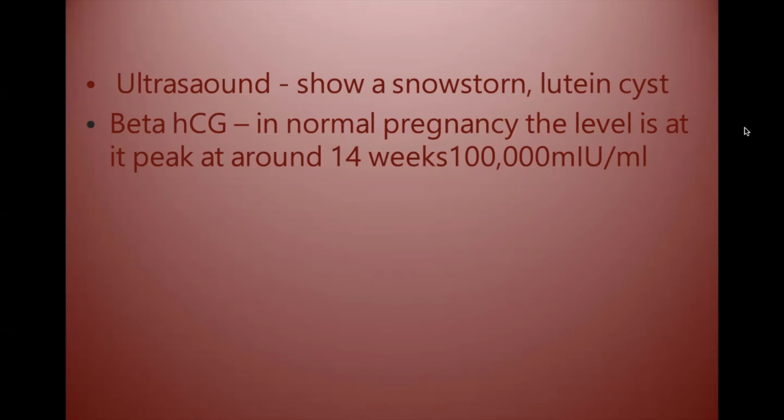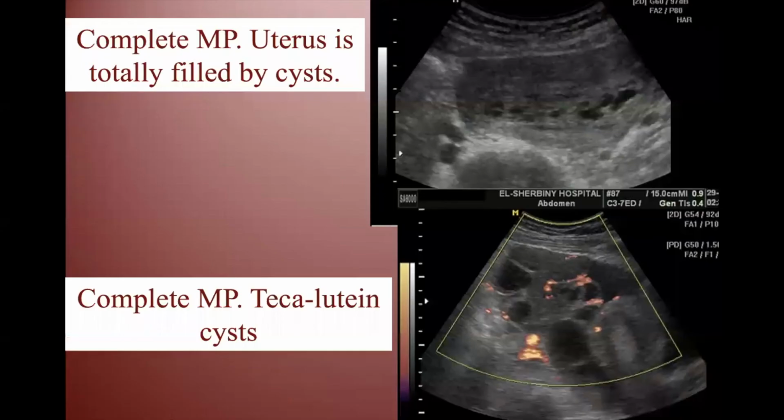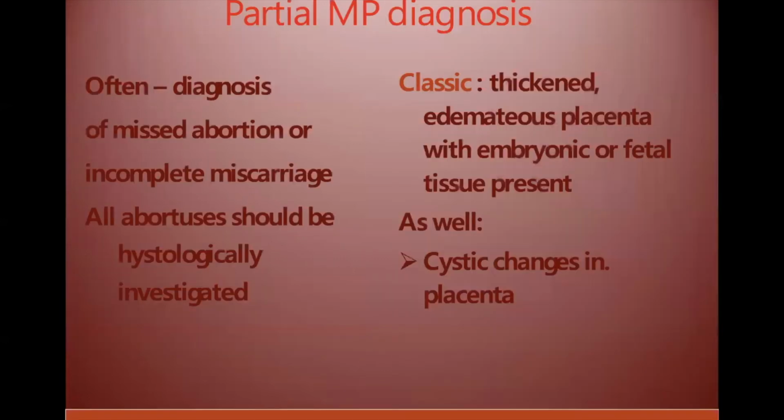And in ultrasound we also see lutein cysts. This is a picture of a complete molar pregnancy. The uterus is totally filled by cysts, and in this patient we also see lutein cysts on ultrasound examination. Partial molar pregnancy is often diagnosed as missed abortion or incomplete miscarriage.